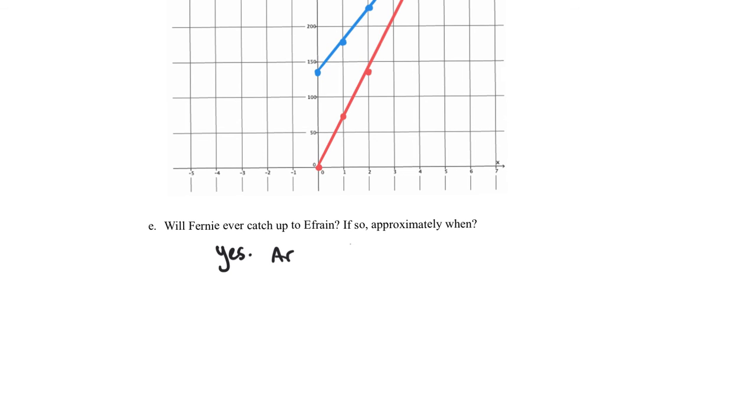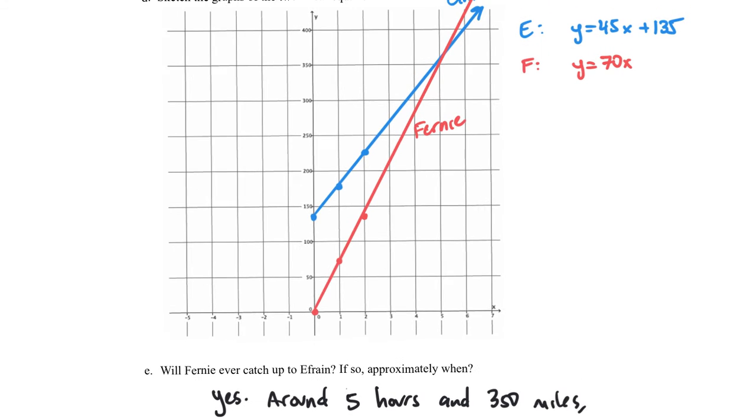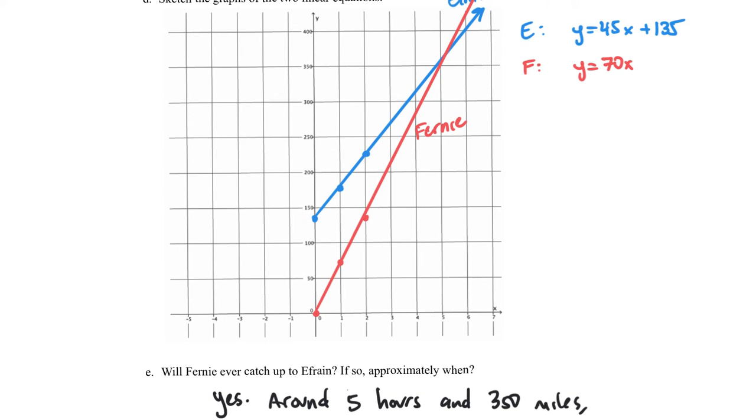So, around 5 hours and 350 miles, Fernie will catch Ephraim. Okay, so write your system like we did on the front, and then graph the system, and then look for where they intersect. That's what we're really concerned about.